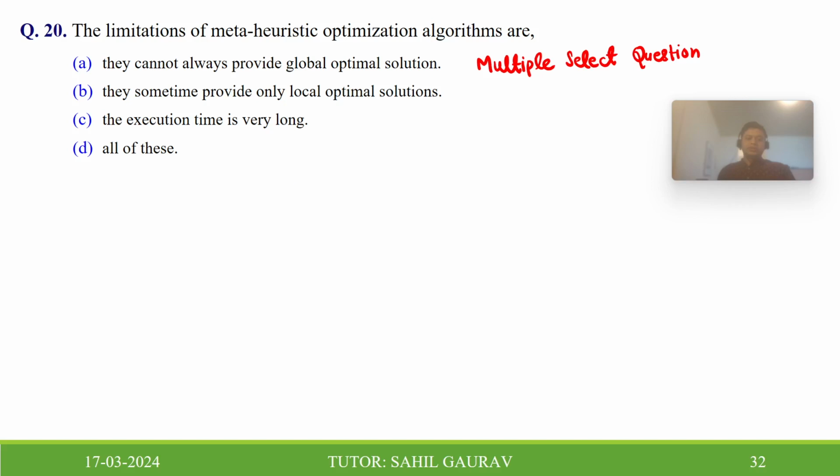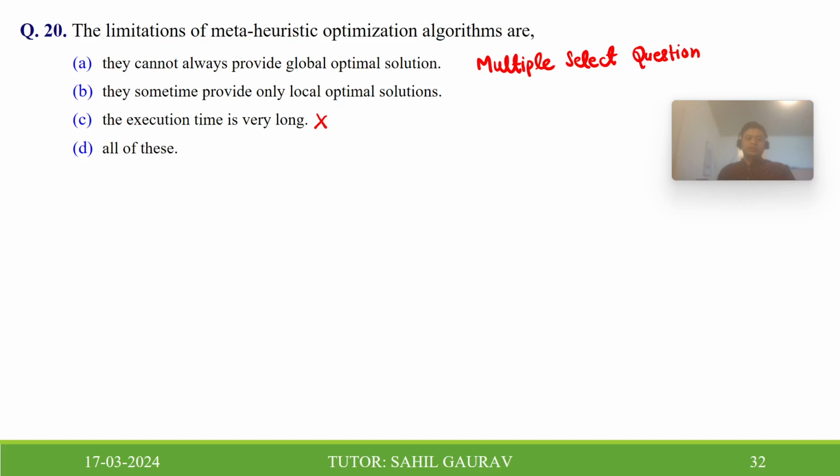Execution time is very long is one option. No, it's not correct. It's not true that it always happens, so it is not a limitation. You cannot say that execution time is long.